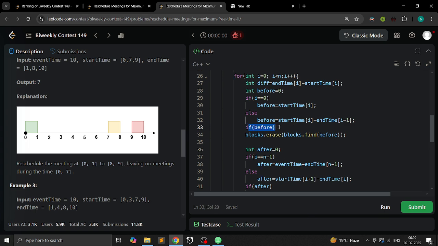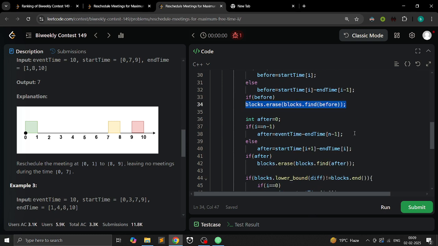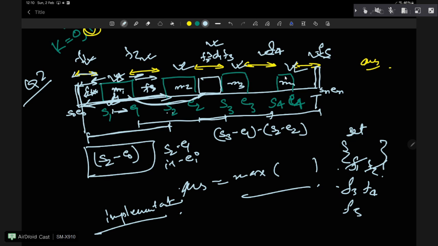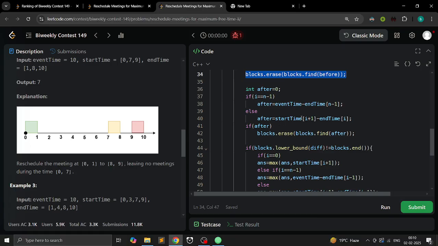So if it is non-zero, then I will remove it from my set. Similarly, for after, if it is the last element, then the free block would be the event time minus the end time of the last element.